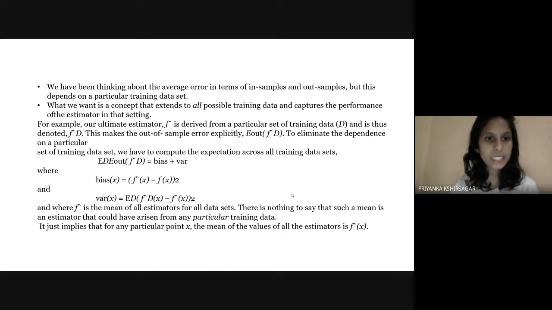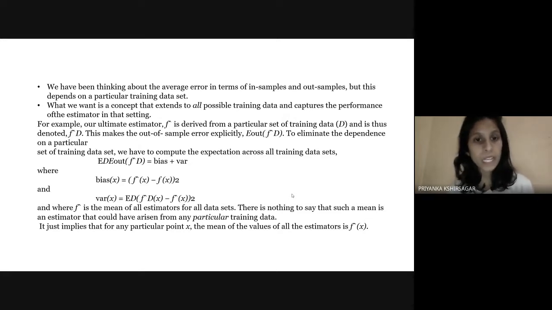As you can see, E_D of E_out of f of D equals bias plus variance, where bias of x equals (f̄ of x minus f of x) squared, and variance of x is E_D of (f of D of x minus f̄ of x) squared. Here f̄ is the mean of all estimators for all datasets, and there is nothing to say that such a mean is an estimator that could have arisen from any particular training data. It just implies that for any particular point x, the mean of the values of all the estimators is f̄ of x.